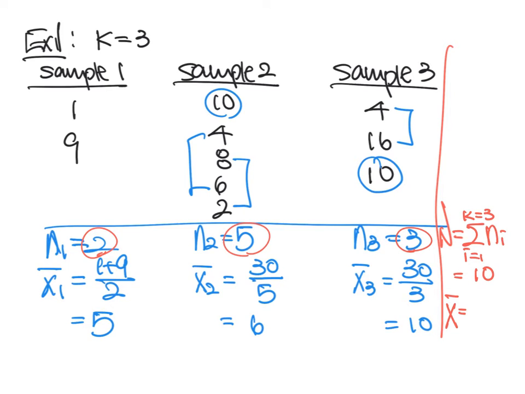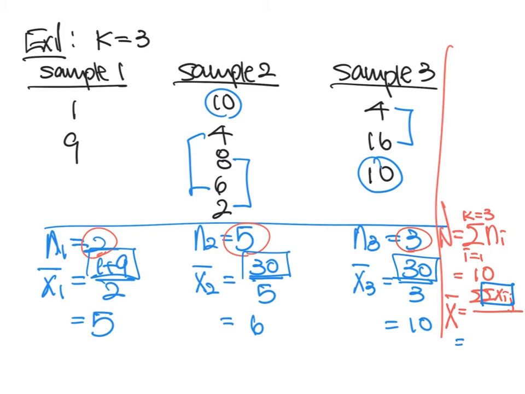How about just X bar, the overall sample mean? It will be the double summation of x_ij. The inner summations are 10, 30, and 30.